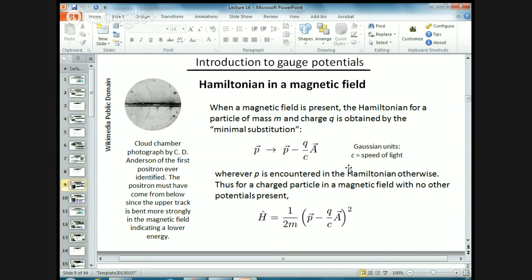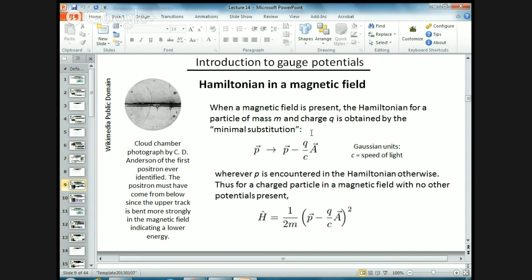So now, how do we use the vector potential in actually solving problems? Well, I'm just going to cite this. This is a well-known result. It's obtained from classical mechanics, where you get a classical Hamiltonian, and then to go to quantum mechanics, you replace the classical quantities by operators.